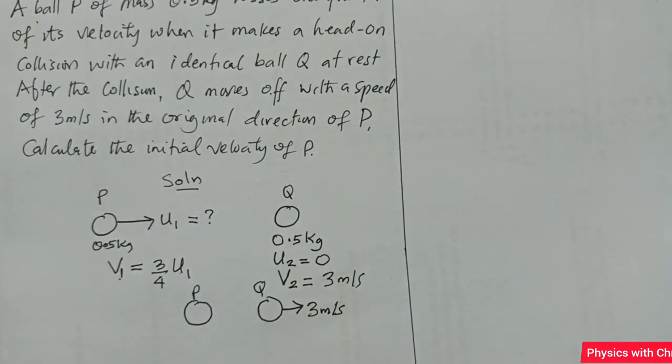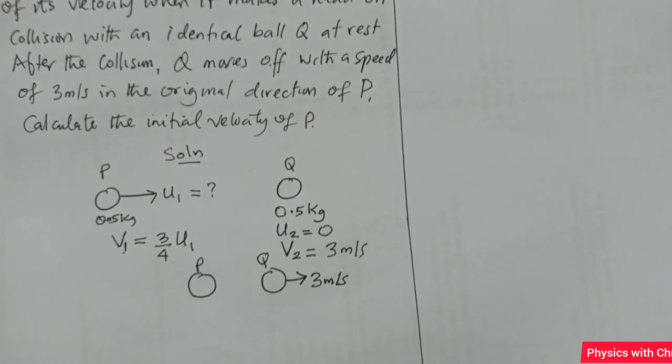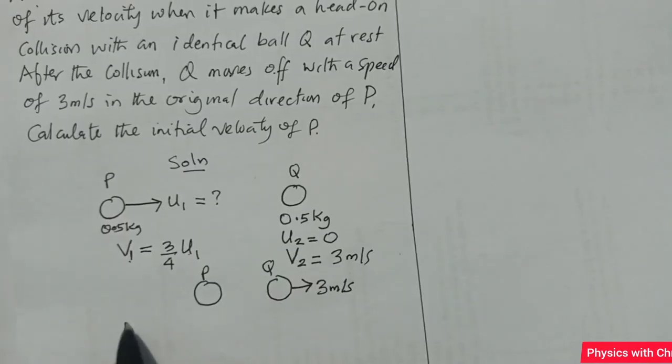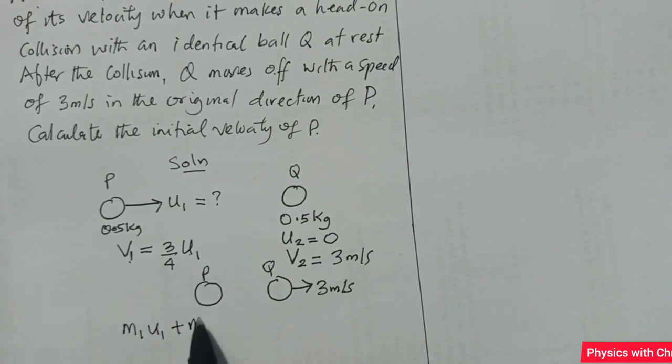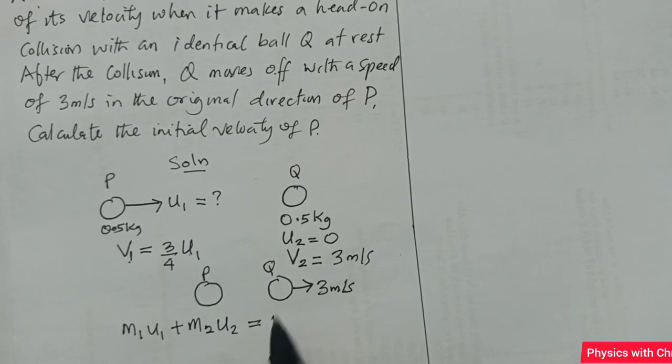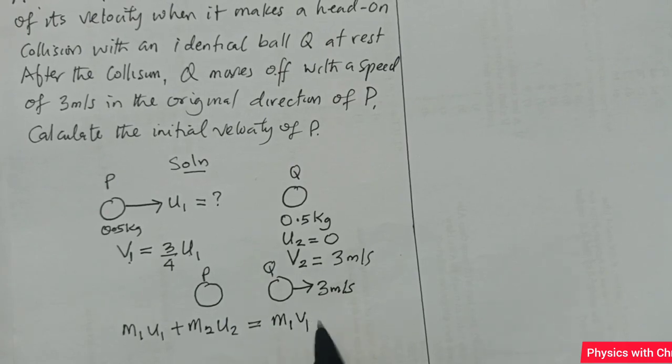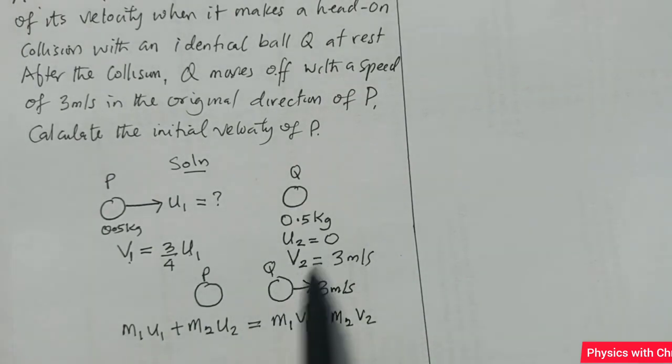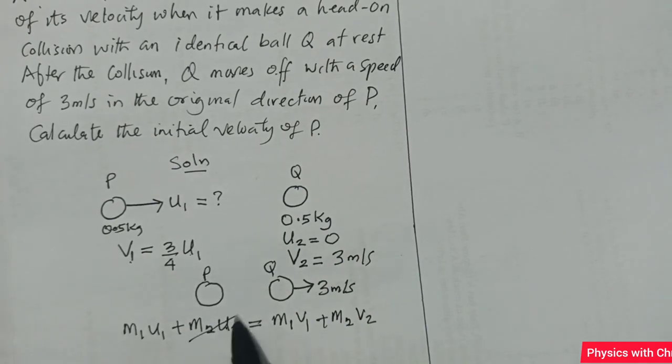Okay, so let's use the momentum conservation equation. That is, the sum of the momenta before collision, m1 u1 plus m2 u2, is equal to the sum after collision. Let's apply this to solve this question. Since the second ball was at rest, u2 is 0, so this term is 0.